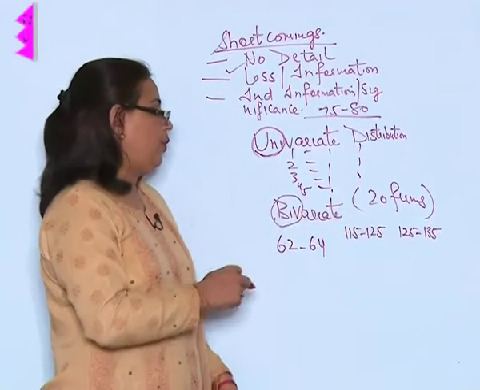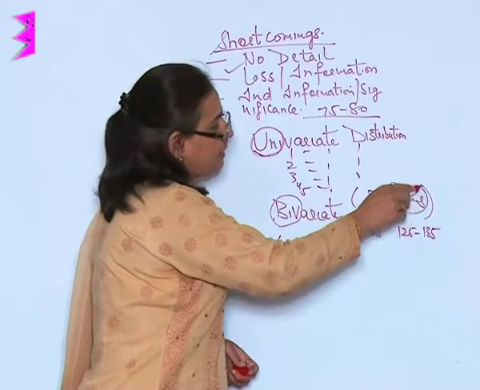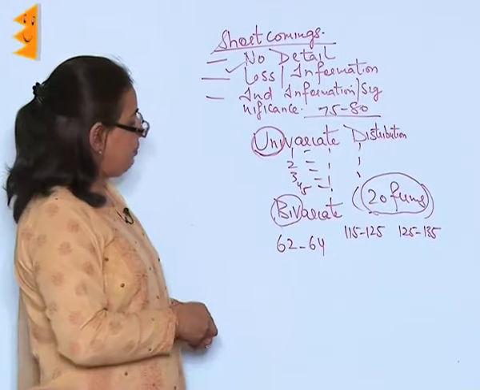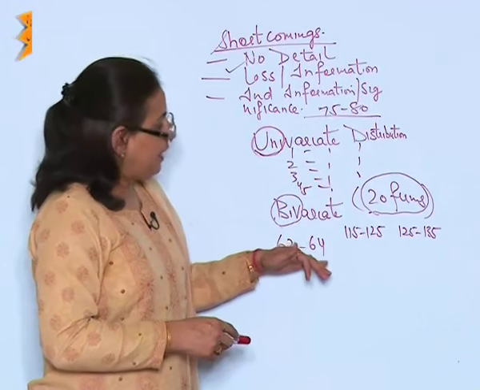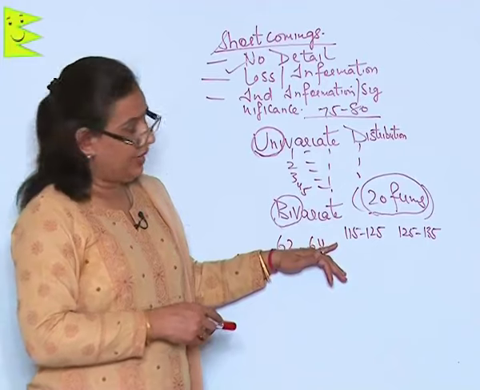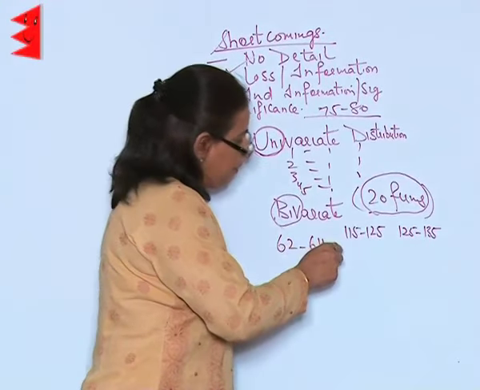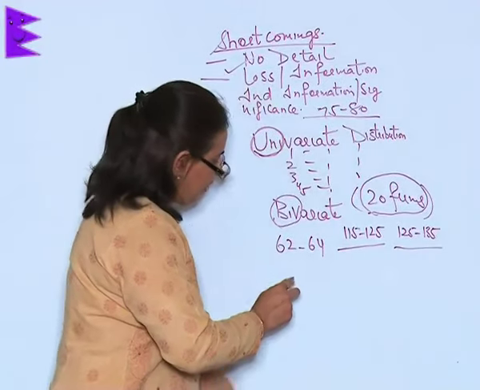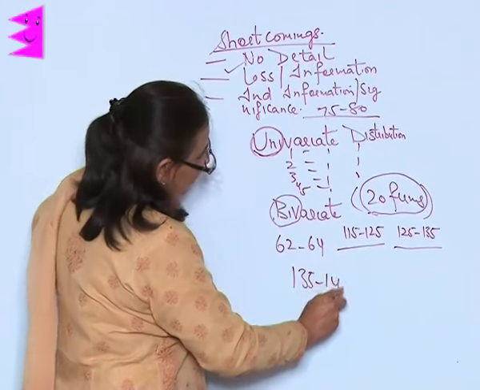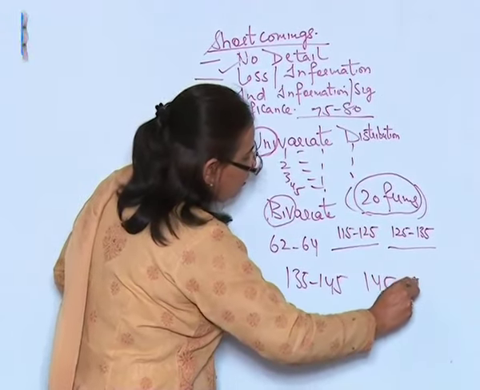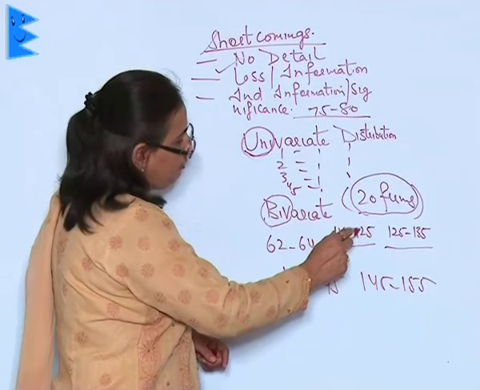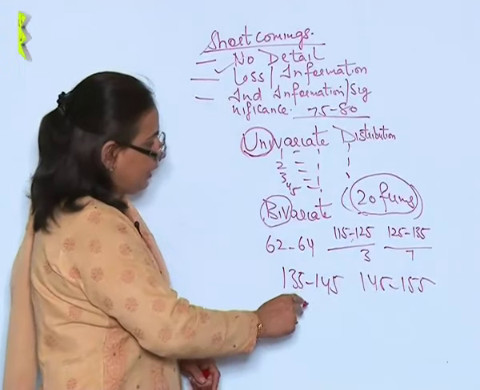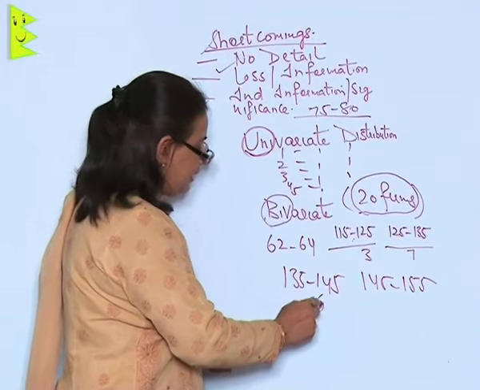For example, I want to know that there are 20 firms. How much have they spent on advertisement in a particular year? For example, if I say that in the year 1995 to 96, did they spend between 115 to 125 or between 125 to 135 or say 135 to 145 and 145 to 155, then I will put it as, say, here the number of firms that had spent in this category were 3, those who spent here will be 7, and here again if I say 6 and 4.